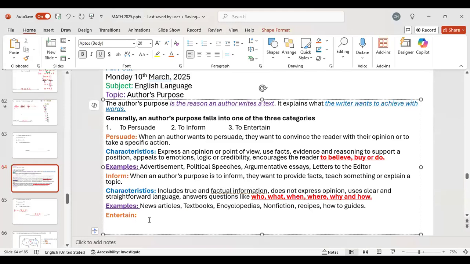What is the purpose of entertainment? When an author is trying to entertain you, what do they include in their writing? Pictures, right? Metaphors. Humor, right?